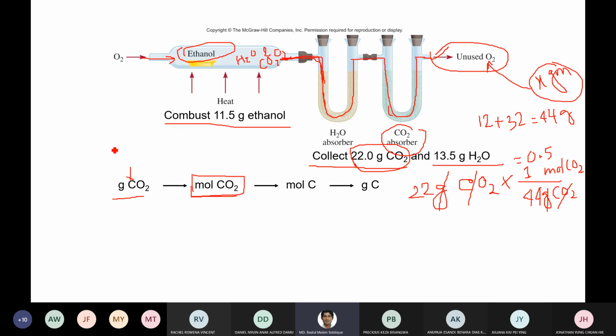Because here it is 1, but 2 moles of oxygen atoms will be there. 1 mole of carbon atom, but 2 moles of oxygen atom. So in 0.5 moles of carbon dioxide, we will have 0.5 moles of carbon as well. So this is how we can find it. And now I delete.